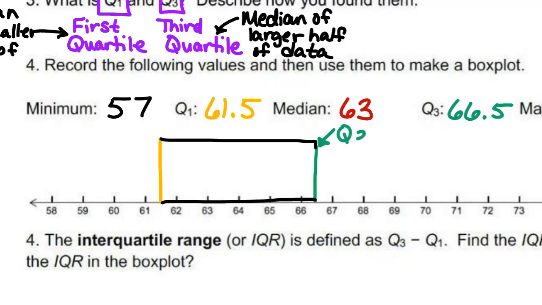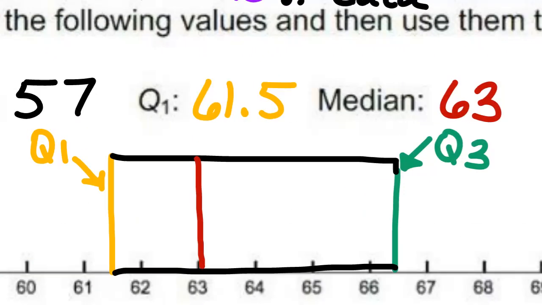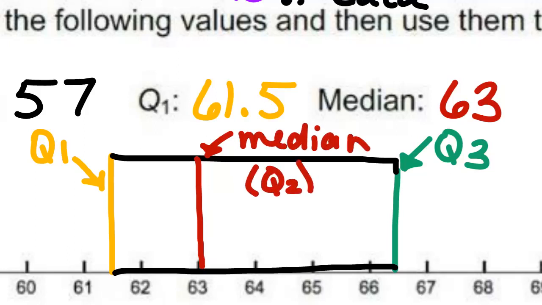So here's Q3, here's Q1. The median should be inside your box, 63. Here's my median. Median, by the way, is also Q2. That's where Q2 went. That's why it's Q1 and Q3. Q2 is the median, but we normally just say median.